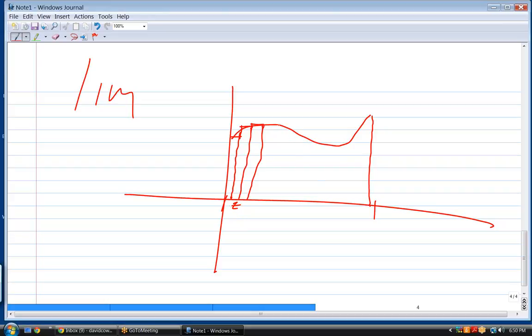But when I'm finished, if I let the width of each rectangle go to 0, meaning I have an infinite number of rectangles in there, as the width of each rectangle gets smaller and smaller, the number of rectangles I can fit in there gets larger and larger.